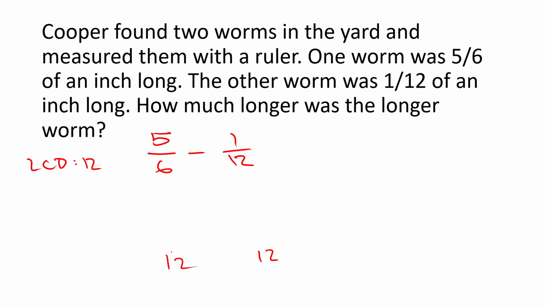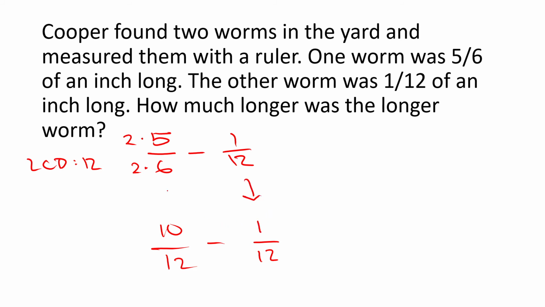So let's start with 5/6. Here we need to multiply 2 to 6, so we also multiply 2 to 5. 5 times 2 is 10, and 6 times 2 is 12. Now we move on to 1/12. Do we need to change 1/12? No. Why not? Because the denominator is already 12, so we can just bring it down as is.